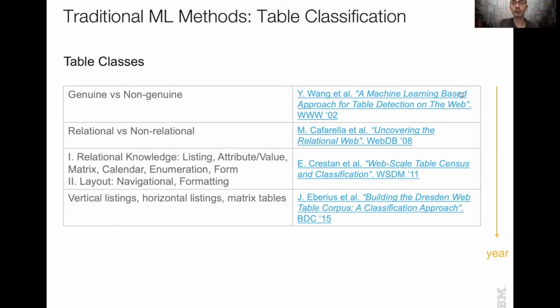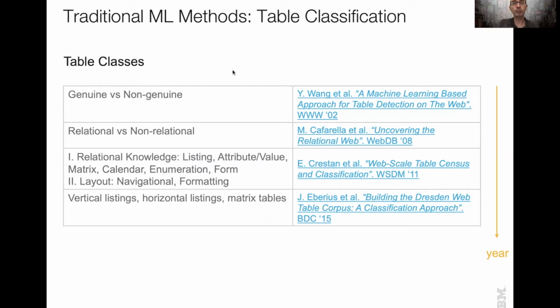Actually, if we look at it historically, first, researchers used table classification in order to distinguish between what they were calling genuine tables, so tables that contain data, versus non-genuine tables, that is, tables which use, for instance, table tags when we look at them in HTML documents, but they may not contain data, but instead be used for navigational purposes or to display calendars, etc.